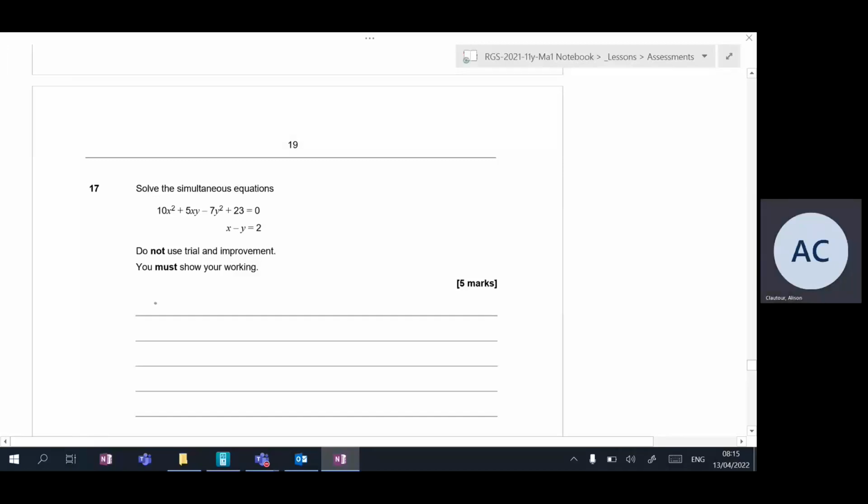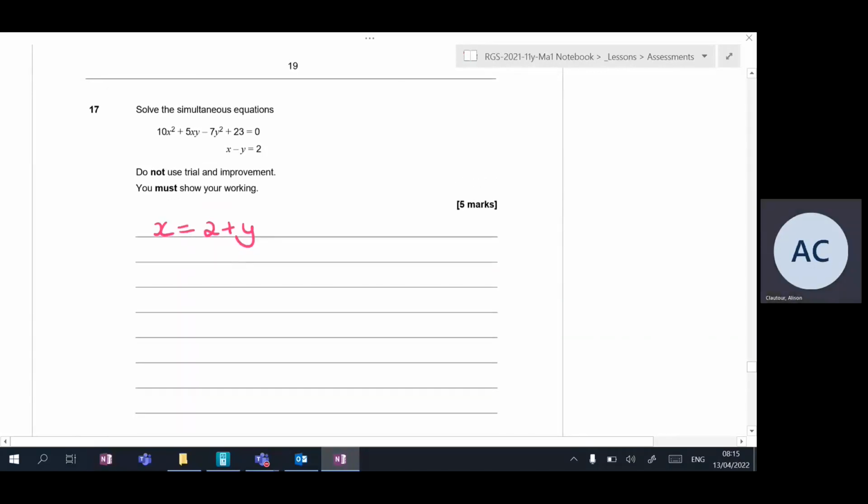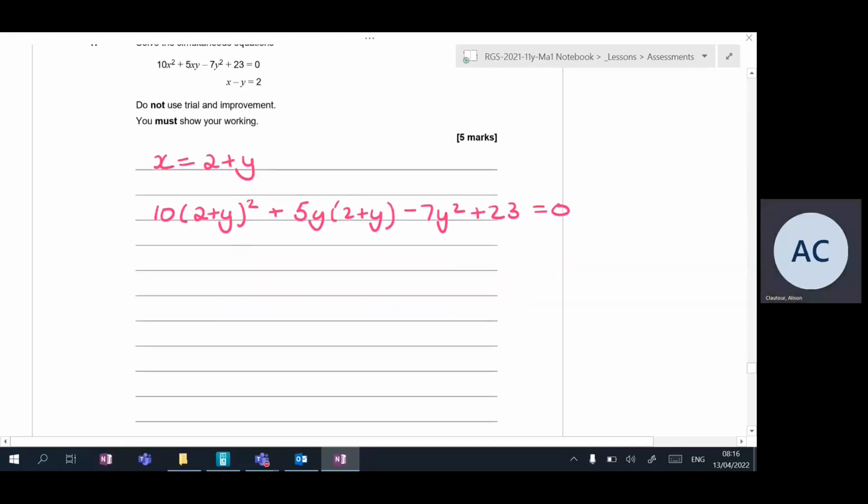So I'm going to rearrange this linear one, so it's x is 2 plus y. And now I'm going to replace all my x's with 2 plus y. Okay, and then expand all the brackets.